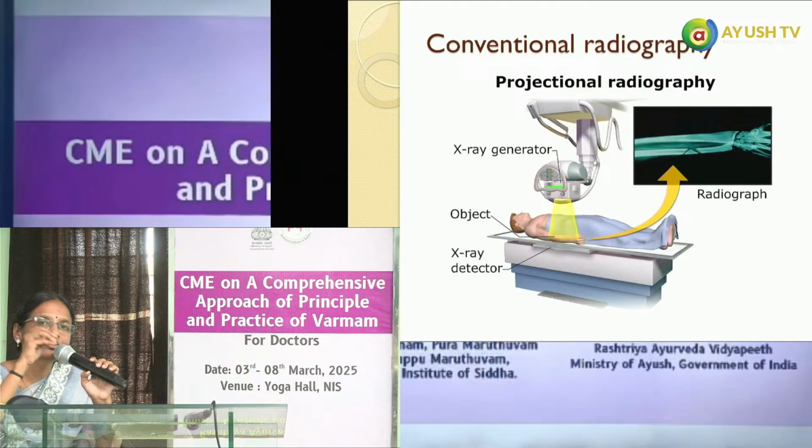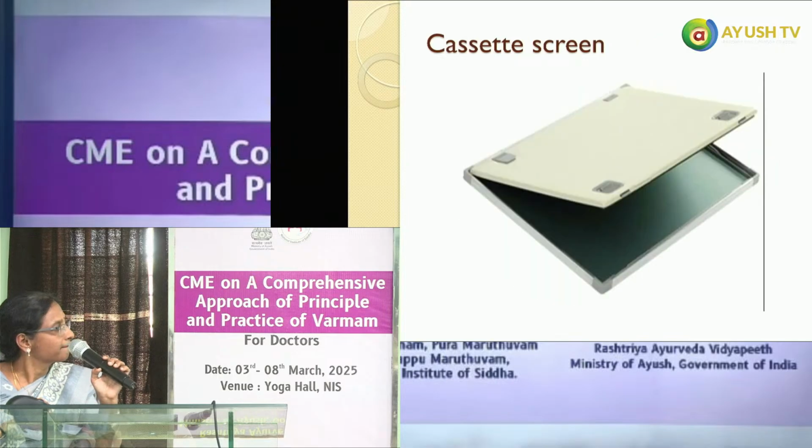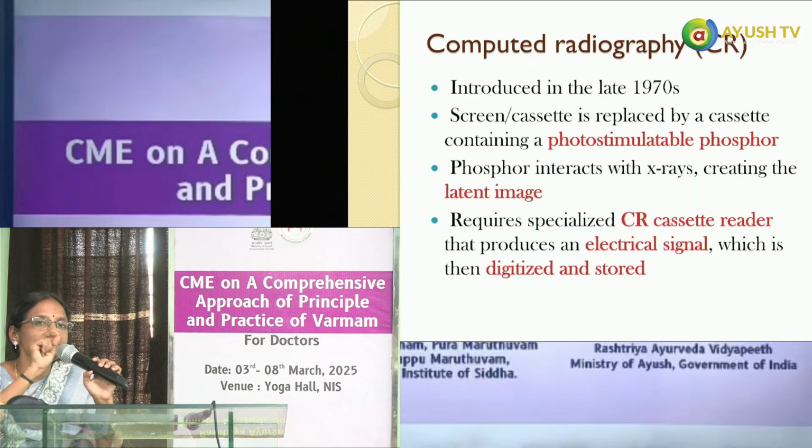Here instead of the film you use something called PSP, photostimulable phosphor. The photostimulable phosphor absorbs the X-rays, and then they put it in a computer and process the X-ray. So now you have an electric signal. So digital X-rays, it will be stored in the computerized X-rays. So this is computerized radiography.